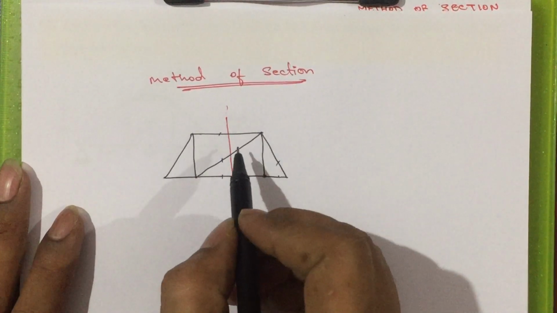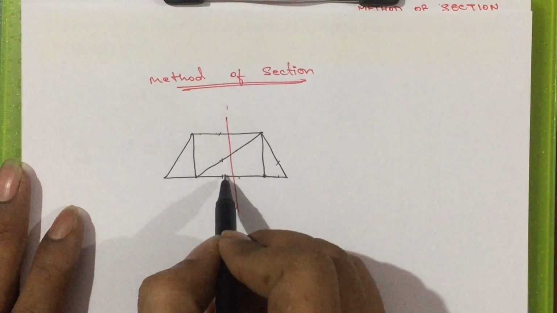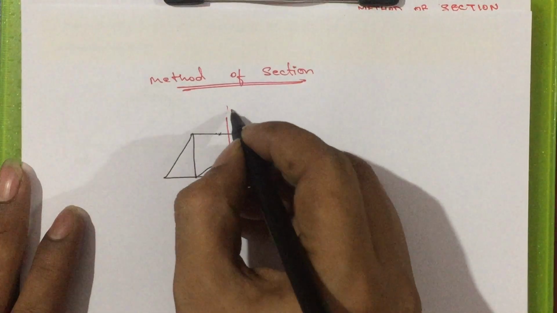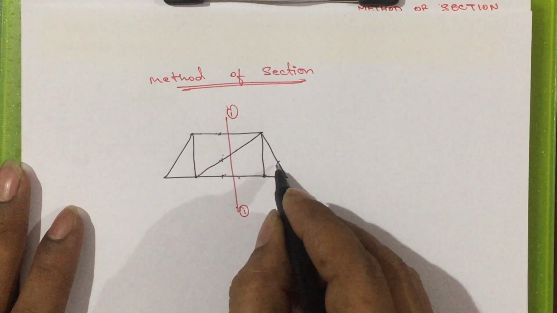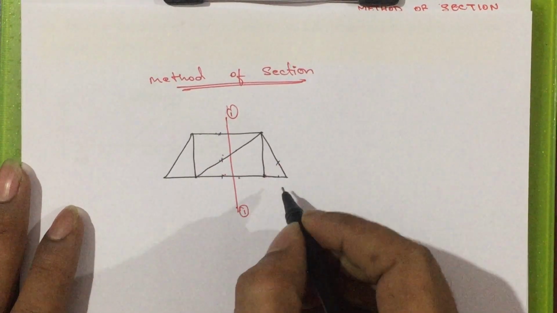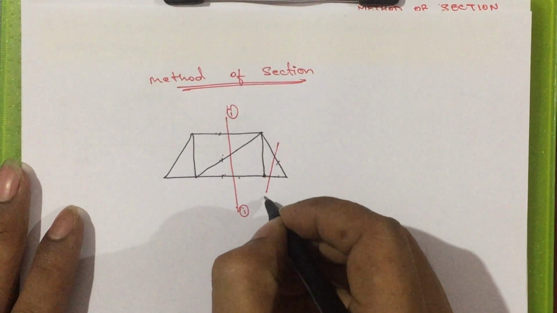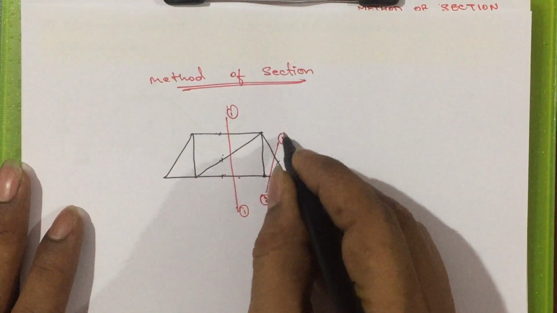Now, here I need the forces in four members. Here I drew one line, take that one as 1-1, but I need the force in this member also. So, what do I need to do? I need to draw another section line, call that one 2-2.